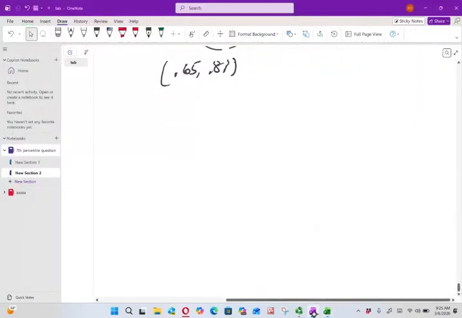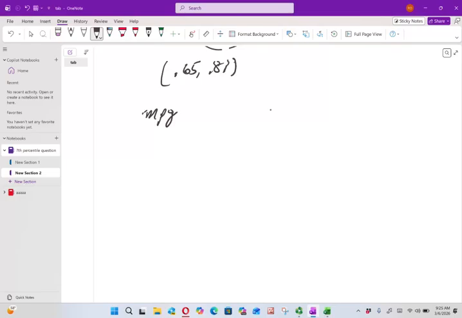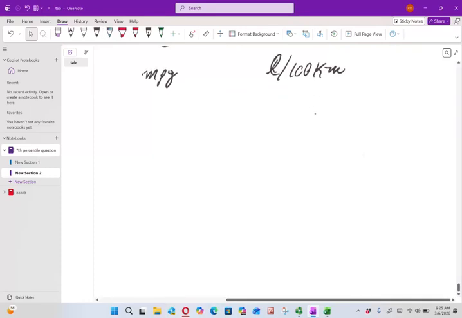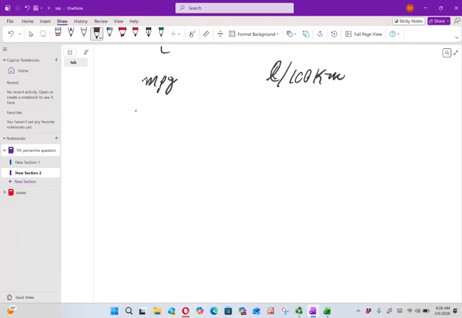So that if I have miles per gallon and I have liters per 100 kilometers. If I take the American miles per gallon, the Canadians have an average of 7 liters per 100 kilometers.